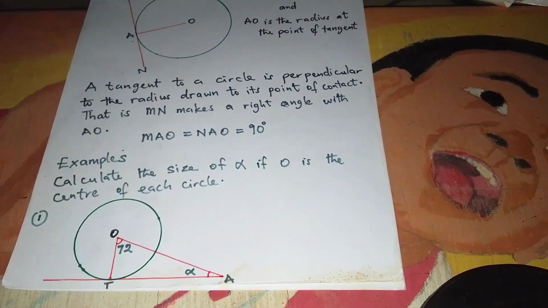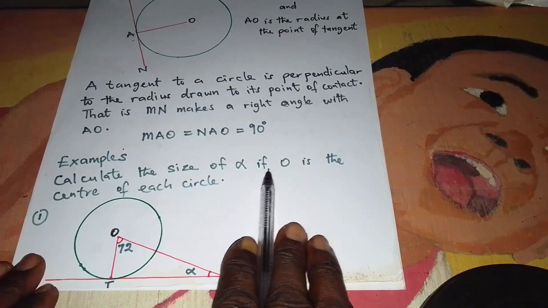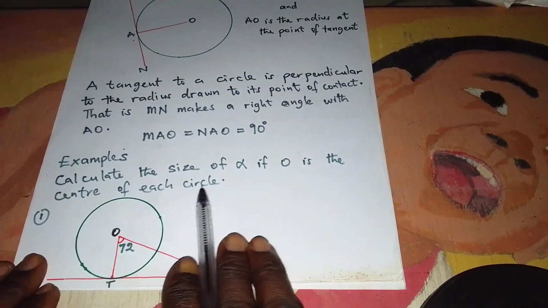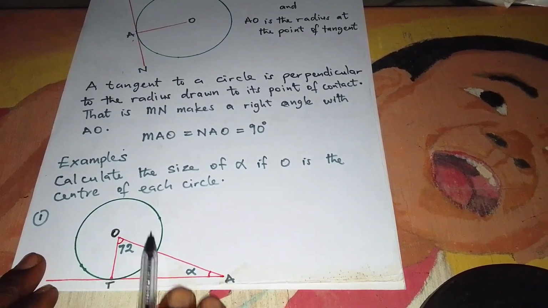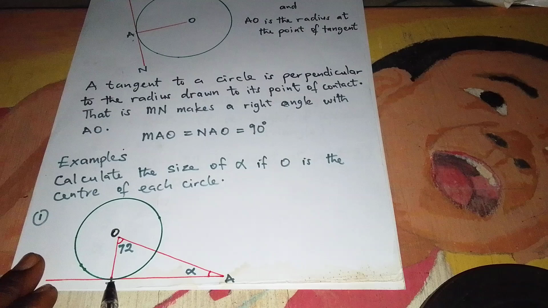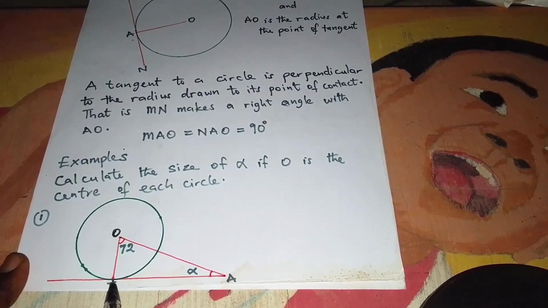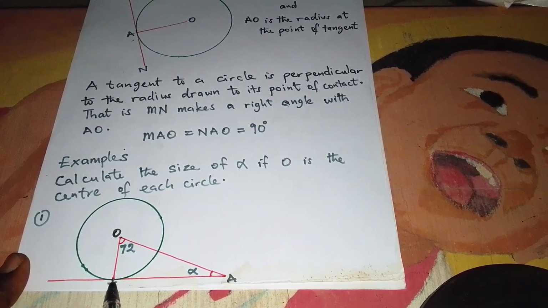Now you have this question: calculate the size of alpha if O is the center of each circle. You are told that O is the center of the circle, and line TA is a tangent at point T. Now you have a line from that tangent point to the center of the circle, so you have a triangle here.